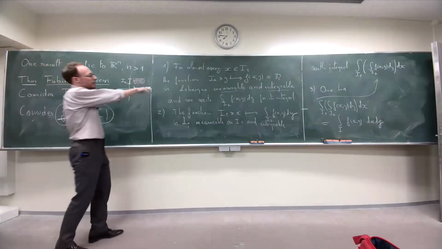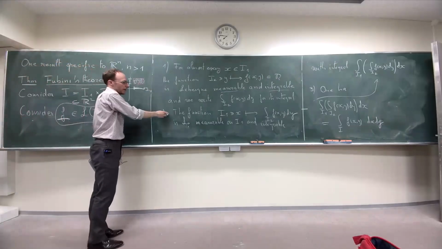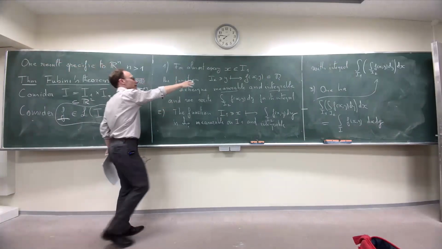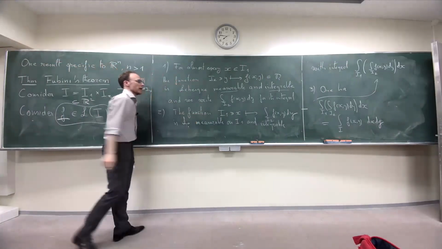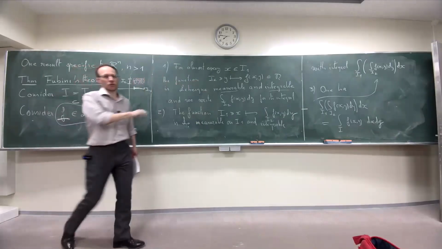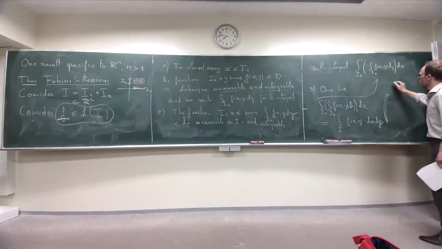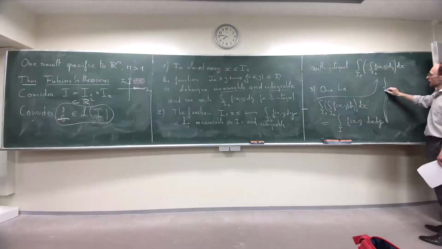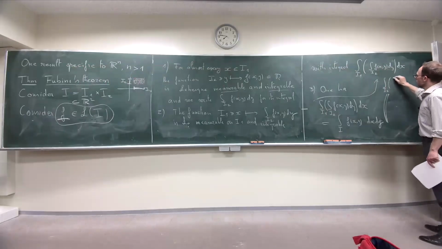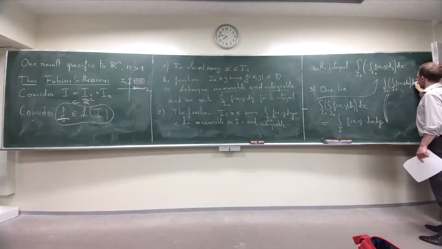And now I started with the first variable, and then the second variable, but of course I could exchange. So it turns out that this is also equal to the integral, now starting on I2, of the integral on I1 of f of x, y, dx, and then dy.